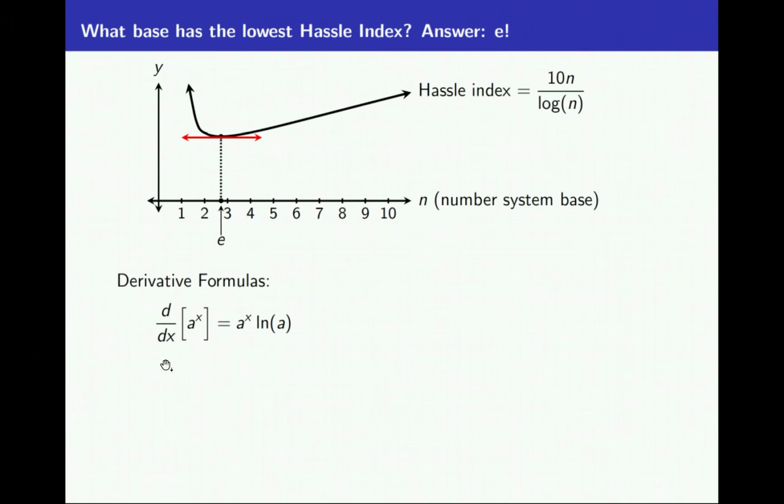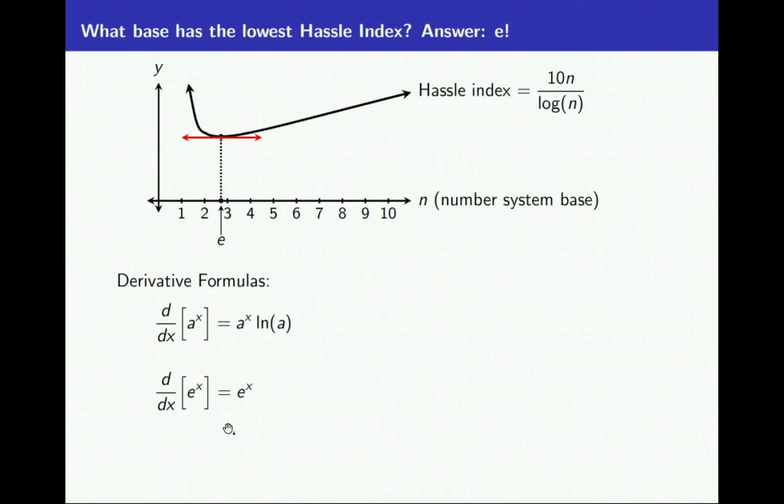One of those formulas will be the derivative of the exponential function a to the x, and d/dx means derivative. So the derivative of a to the x, you'll learn, is the function a to the x times ln of a. Now imagine that that base is not just a generic a, but it's the specific e. The derivative of e to the x would be e to the x times ln of e, and ln of e is 1.